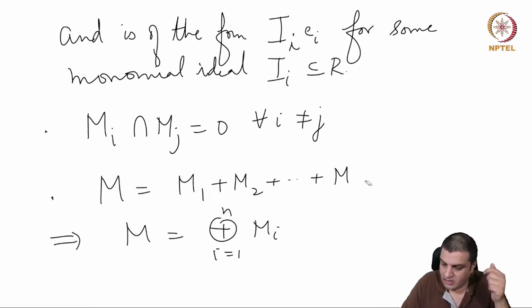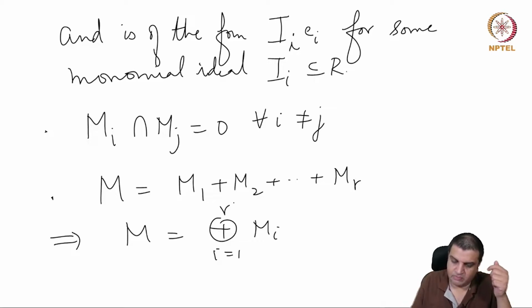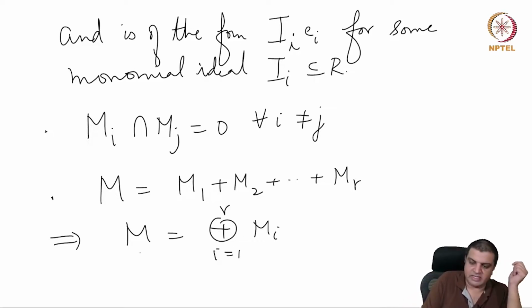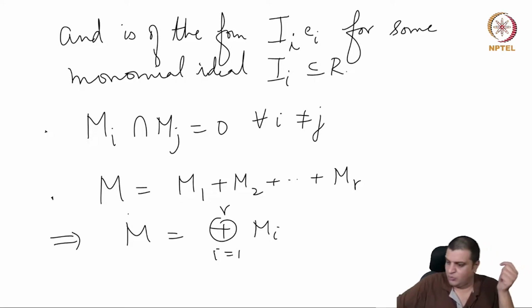Sorry, not N, R. So in other words, conversely, if M is a direct sum of such things, then M is a monomial submodule.